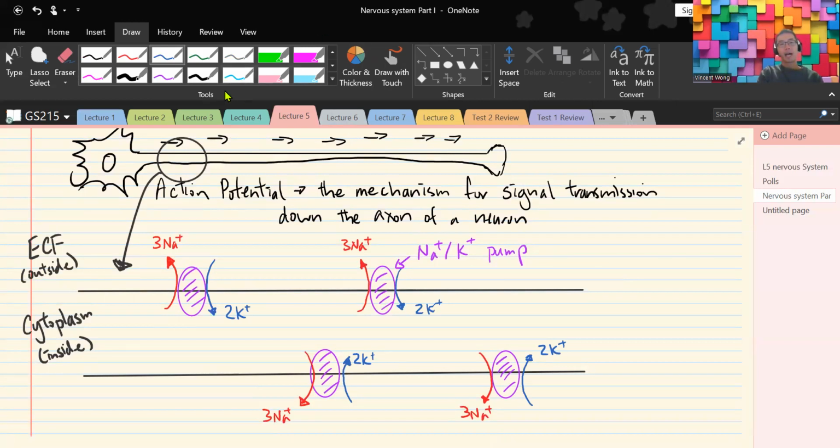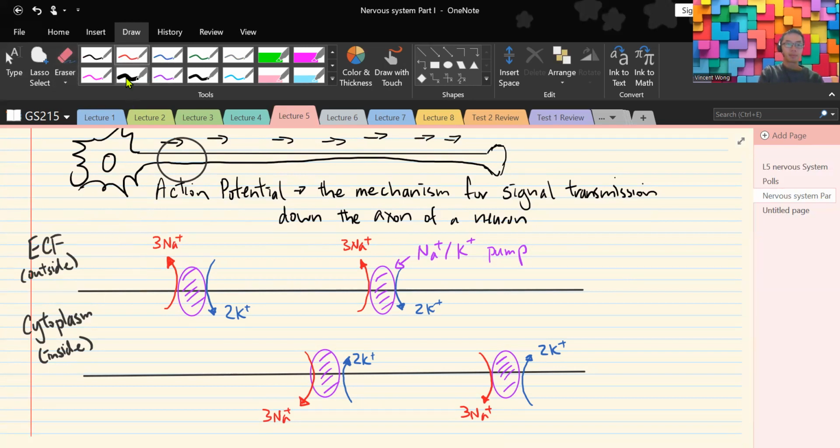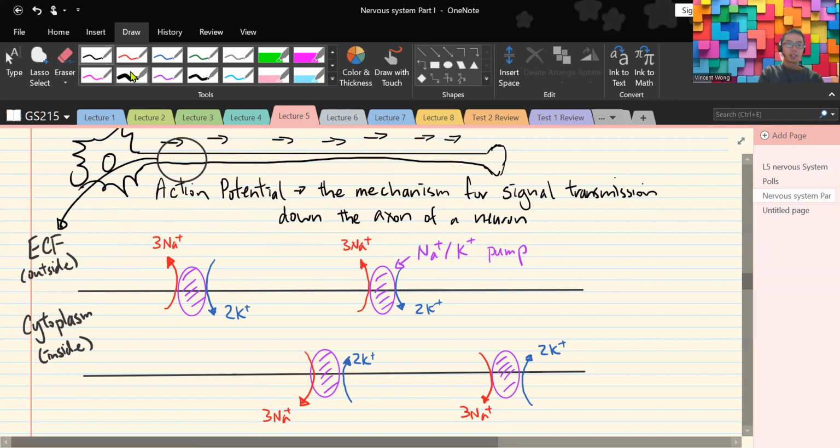And so after a while, you will end up having high sodium on the outside and low sodium on the inside.